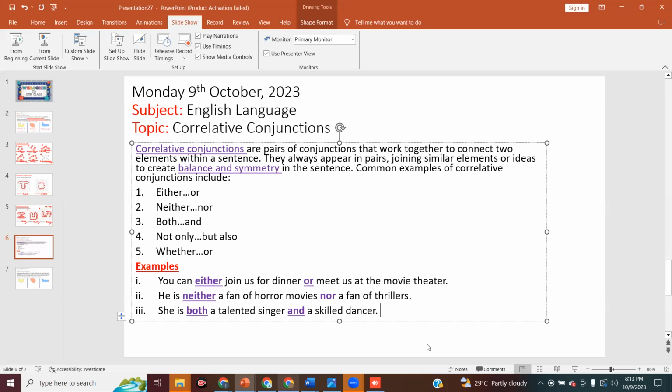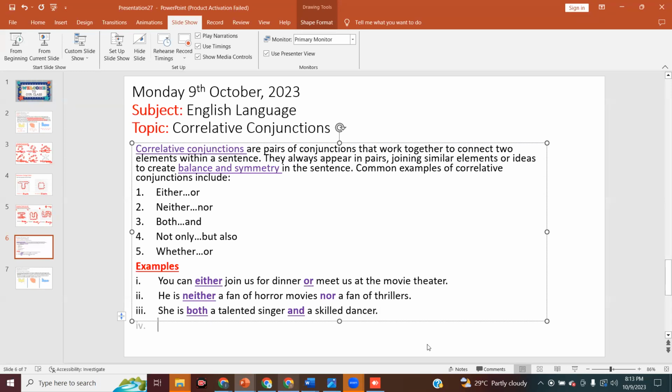The next thing is we use both and to emphasize the inclusion, to tell us both things that she does, both of her talents, both of her skills, both of her gifts.